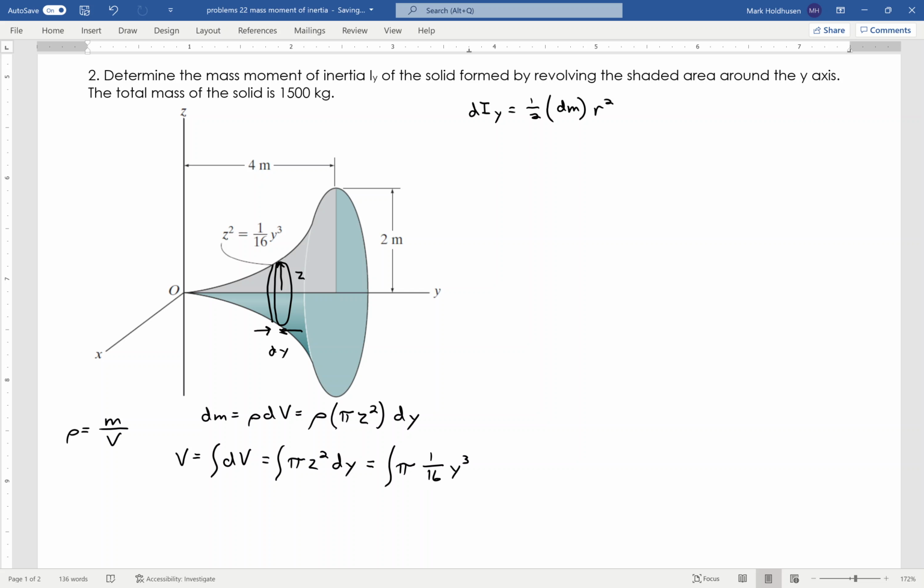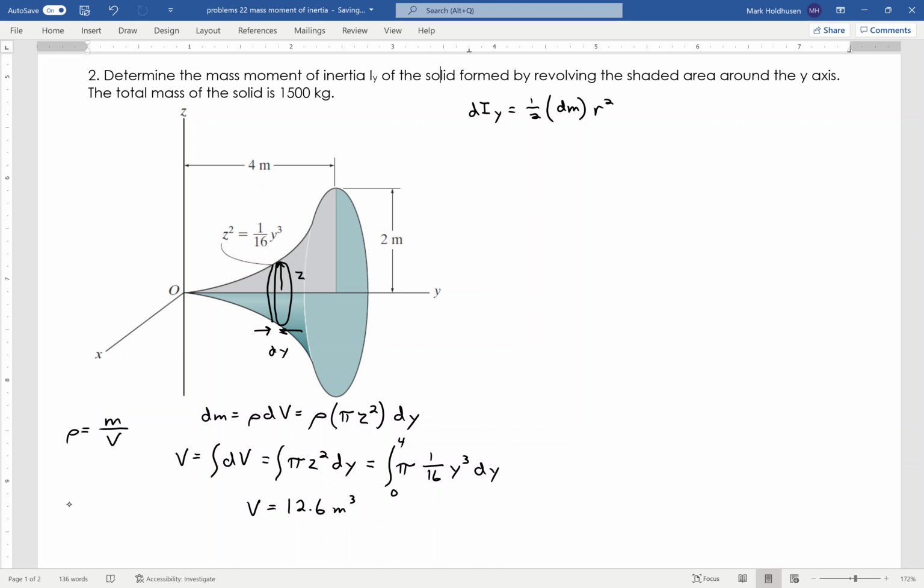That's the equation of that curve there. Now I'm integrating with respect to y, so I start at 0 and go out to 4 along the y-axis. Once I do that integral, the volume is going to be 12.6, and that will be cubic meters.